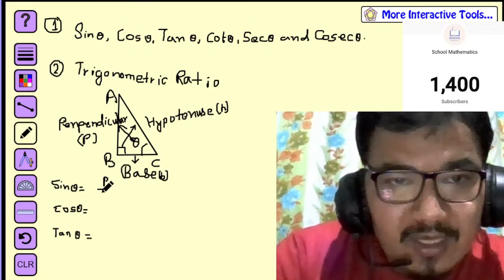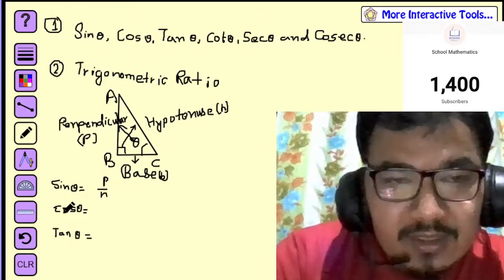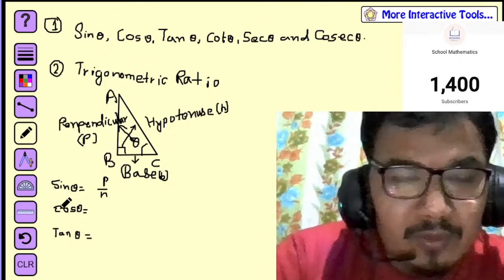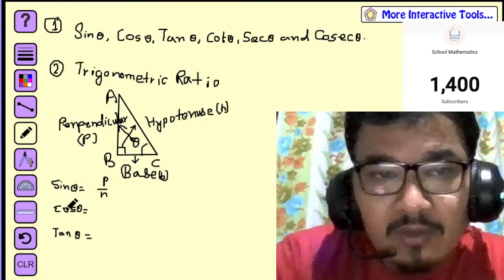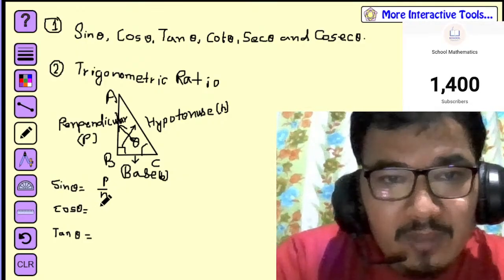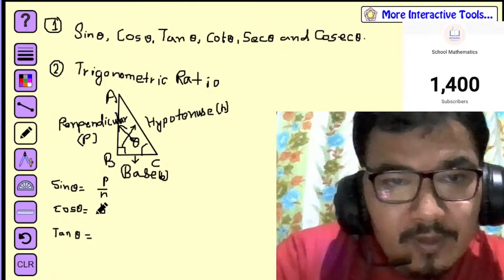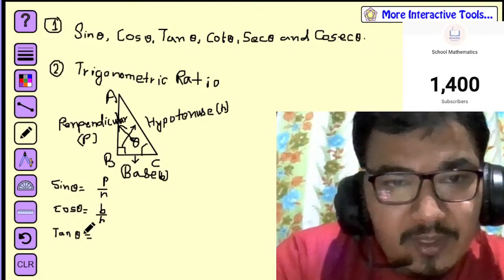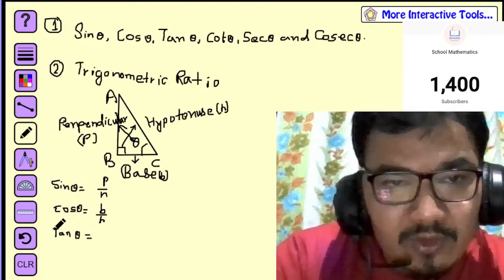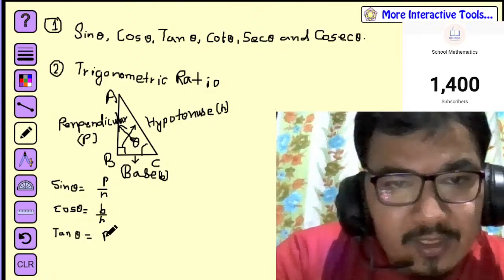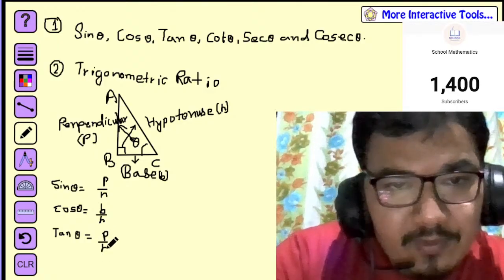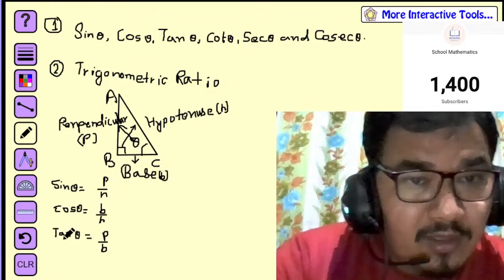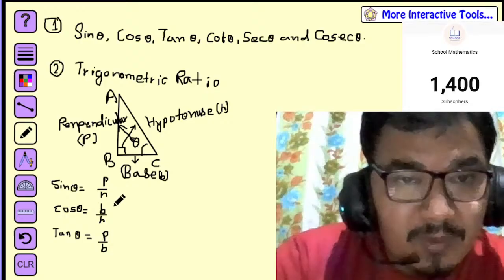Some people have curly brown hair: c is for cos, and b is for brown, meaning base. Then t is for tan, and tone permanently black, meaning perpendicular and base. Some people have curly brown hair, tone permanently black. This is the way to remember.